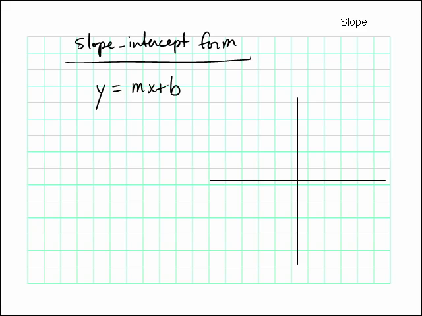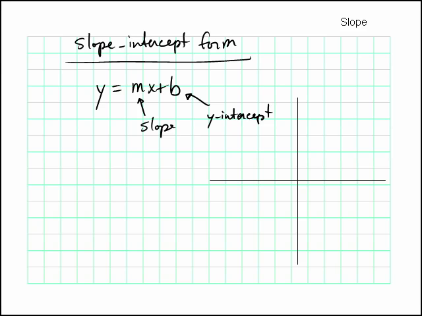When the equation is solved for y, this number in front of the x, the coefficient of the x, is the slope. And this number on the end, which the book calls b, is the y-intercept. So if I give you a linear equation, you can find the slope of the line simply by solving the equation for y.